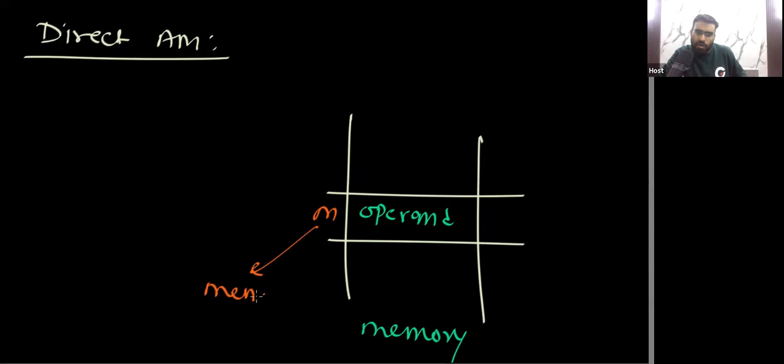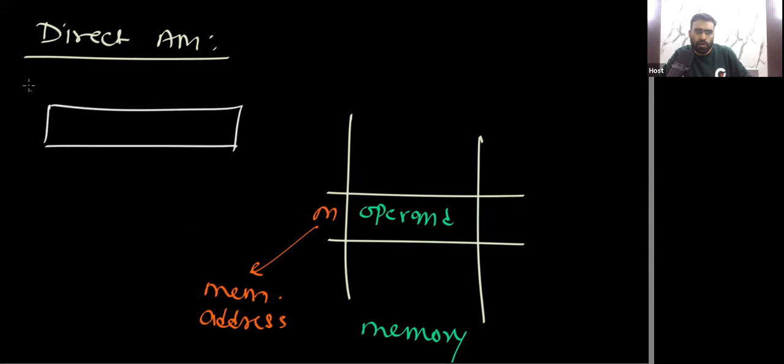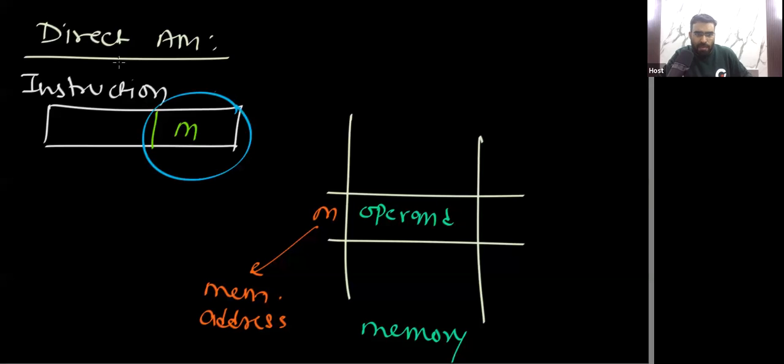This memory address you are going to put in the instruction. So very simple point: direct addressing mode means in the instruction, we have the memory address.